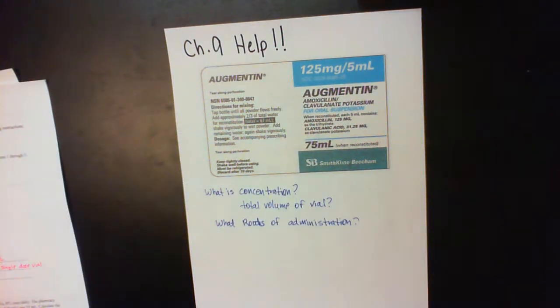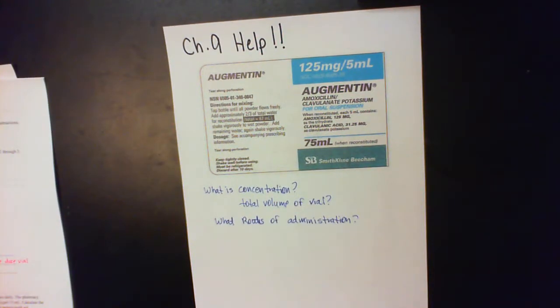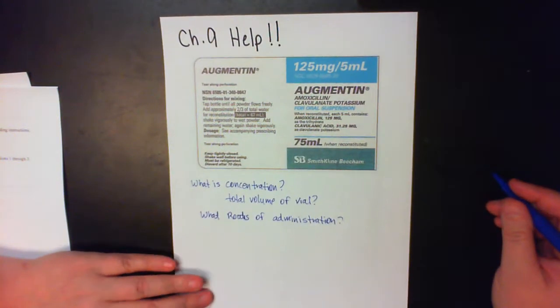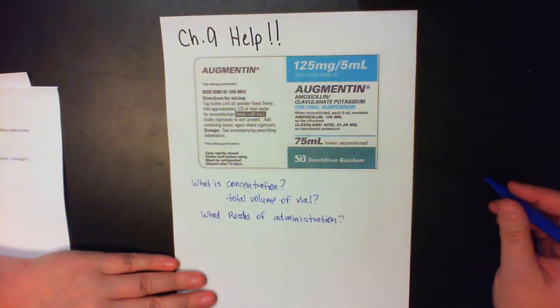So we have three things that this particular question is asking us to solve for, and at first we want to look at what is the concentration of this medicine.